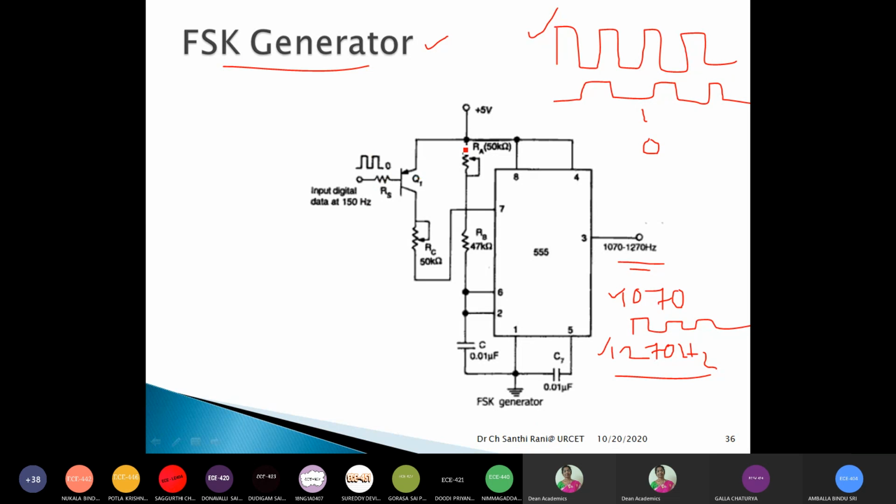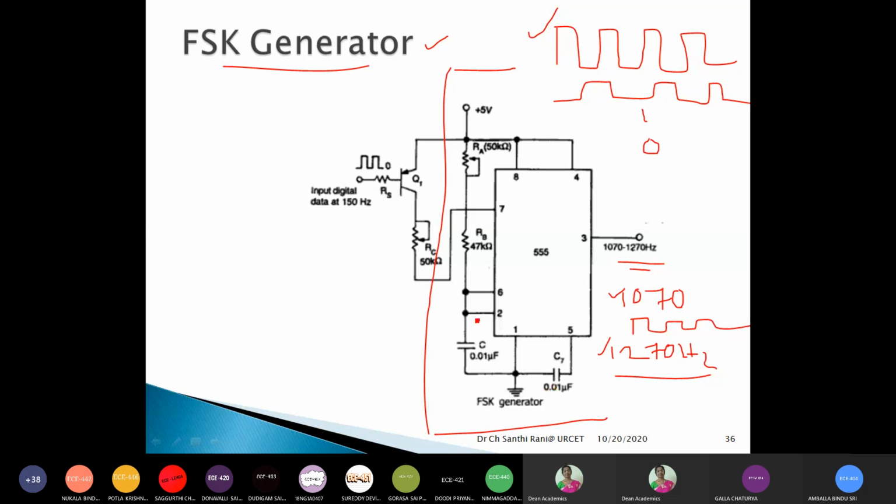Now just observe the complete circuit on the right side. This is completely an astable multivibrator circuit. You know, from VCC to ground, R and C are connected. R is split into two parts, RA and RB, and C, all that we know.